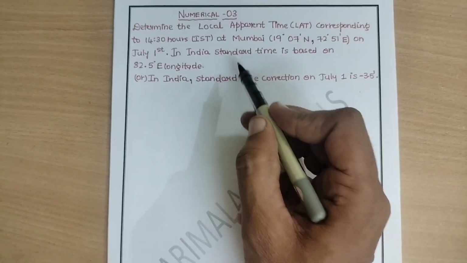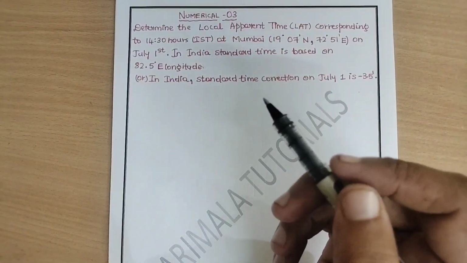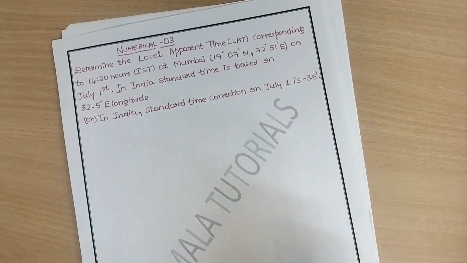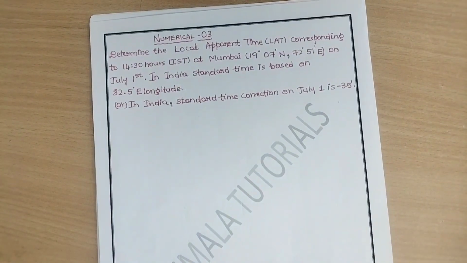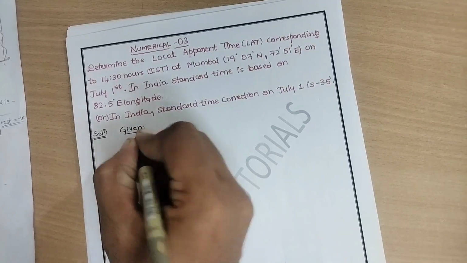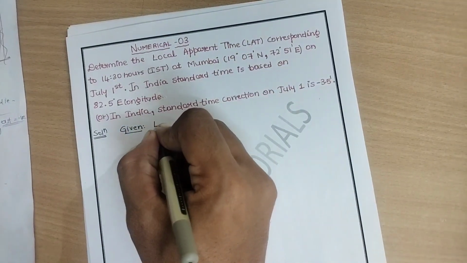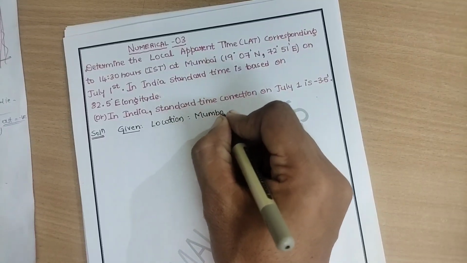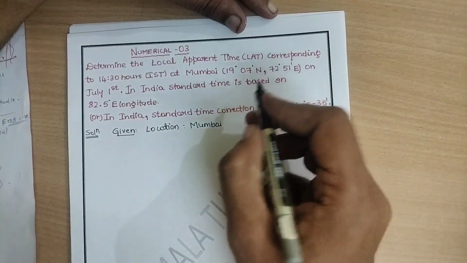These two data are interrelated, so we can solve in a single problem itself. Now let us see the step-by-step procedure. What is given in the question first? They have given the location as Mumbai. They are given in two different forms.